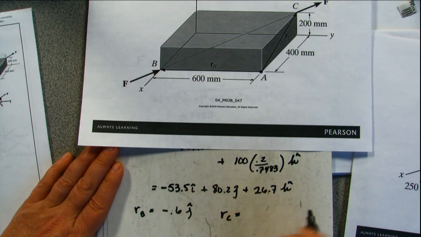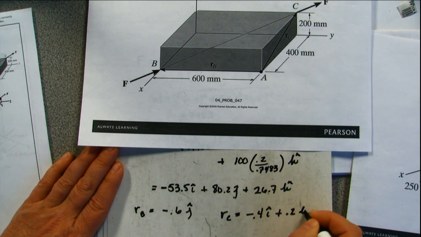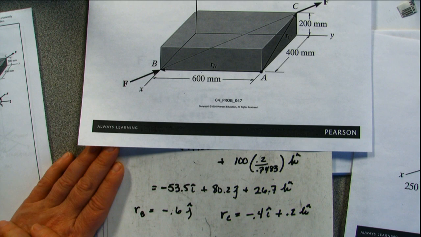RC is going to be minus 0.4 in the i direction, plus 0.2 in the k direction. We good?